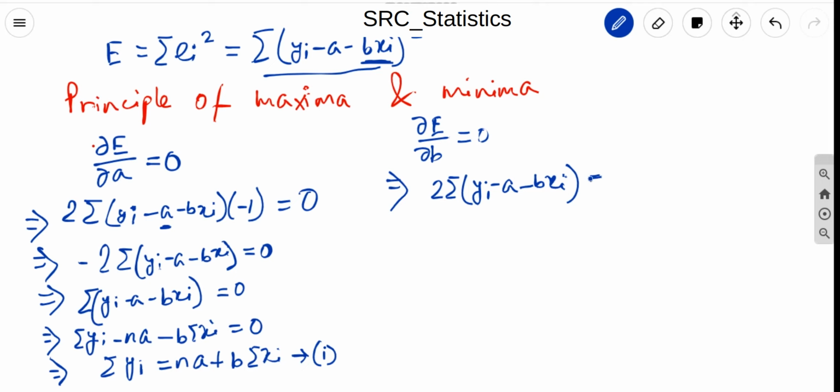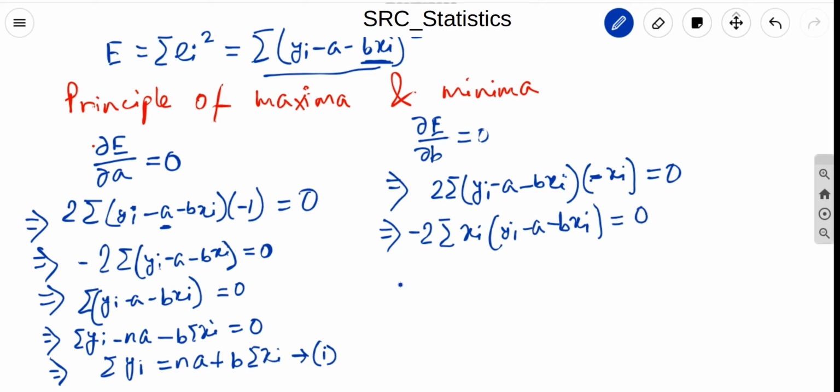We are left with minus xi, because xi is the coefficient of b. Putting it equal to 0, we get minus 2 summation xi multiplied by (yi minus a minus bxi) equal to 0.